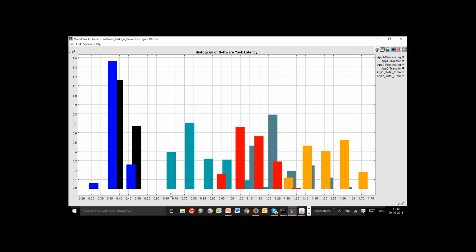While in some cases, when I look at this region here, the communication latency is fairly close to the actual processing latency. Being able to predict your communication latency is an important aspect of making sure that you can meet your timing deadlines.